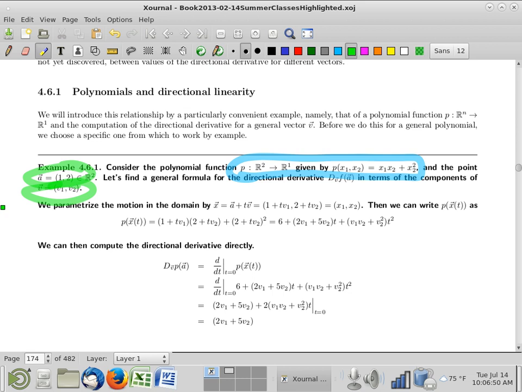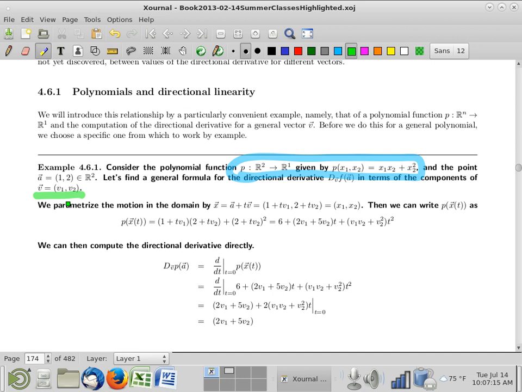And it kind of is. But interestingly, you'll notice I didn't really give you the velocity vector. I gave you an actual point, (1, 2). I gave you an actual function to take the directional derivative of. All I told you about the velocity vector is that the coordinates are v1 and v2. I'm going to leave these as variables.